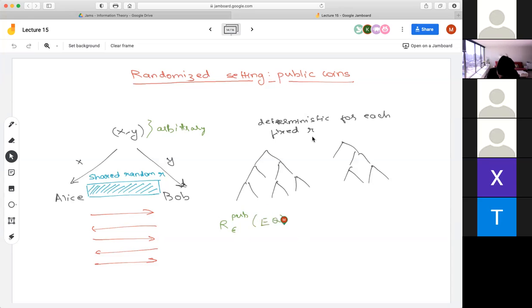And my claim is that now it's actually constant. You don't even need to send log n bits of communication, but you can send a constant number of bits of communication.